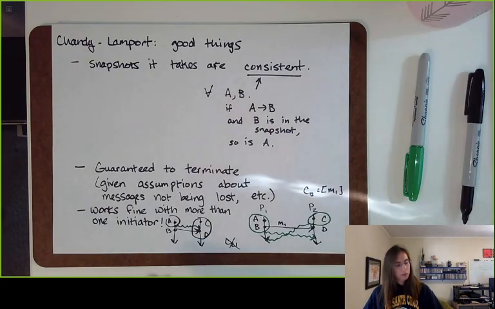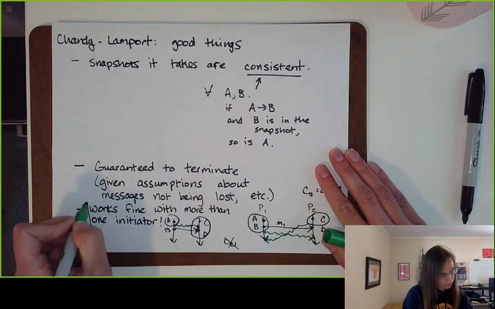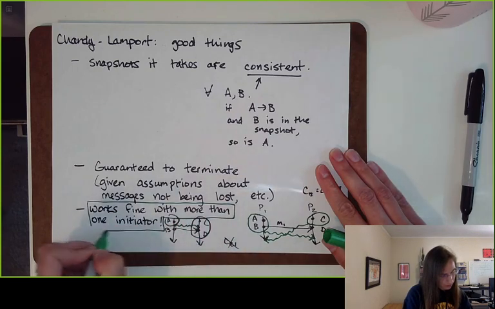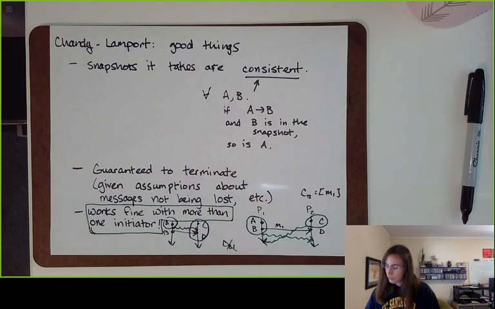So this is really, really cool, this business of working fine with more than one initiator. This is actually a very big deal. Why is it such a big deal?